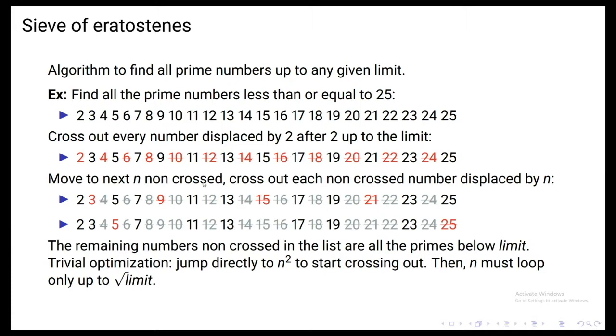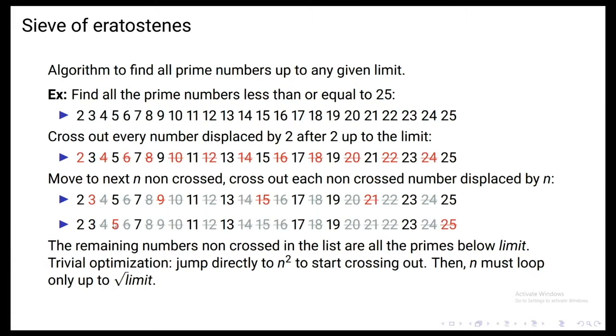You can see that there's a trivial optimization of this algorithm: I don't really need to repeat this step up to n for a list of size n. It's enough that each time I start a new step, I jump directly to the square of the number I'm standing on, so to 9, and then do displacements from there.